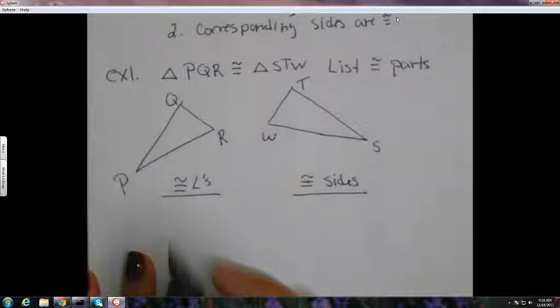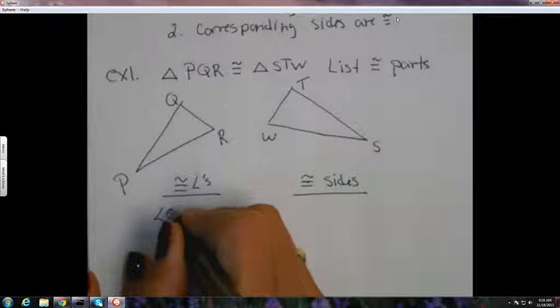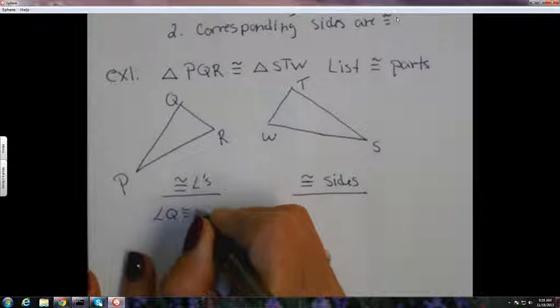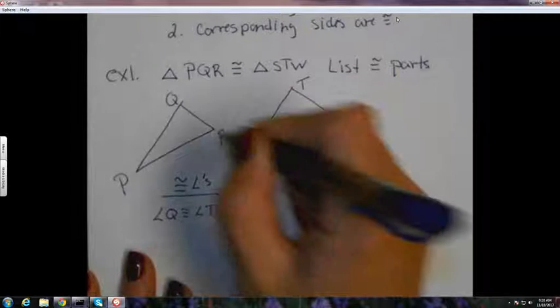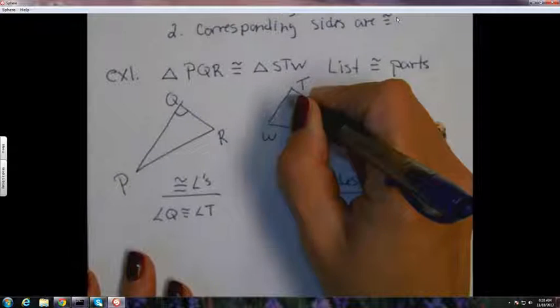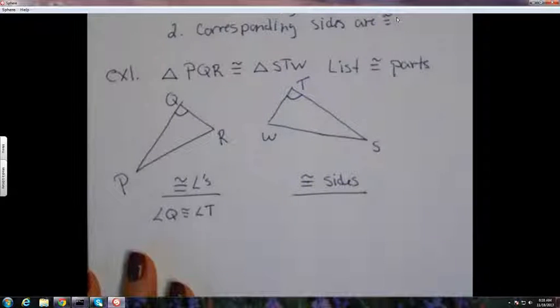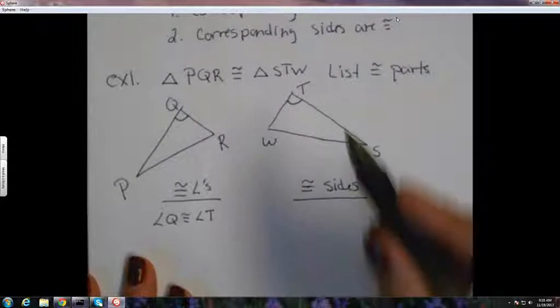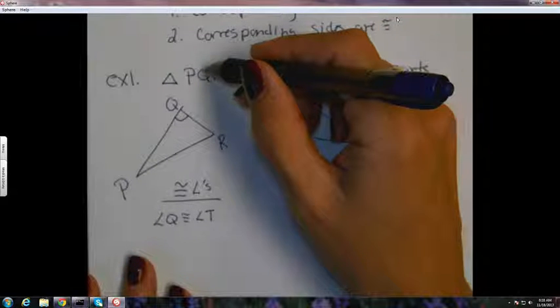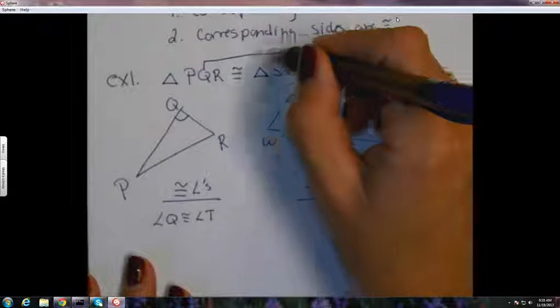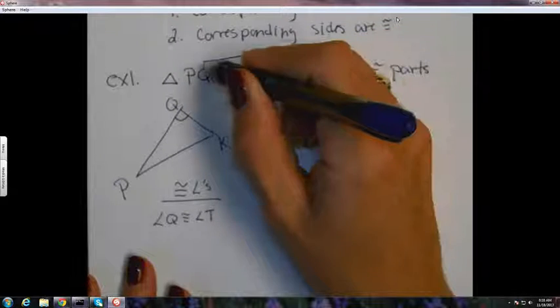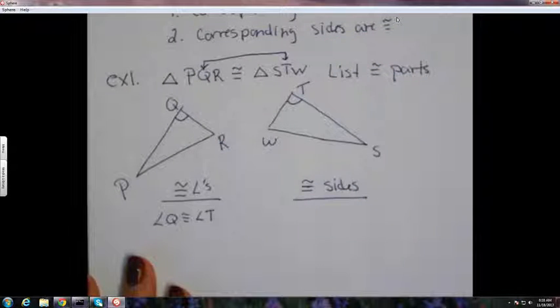Q and T. Angle Q is congruent to angle T. It is a Monday. So I can put little arc marks there. And I know she's right, because if I look back at the names, take a look. Q is in the second spot of this triangle. T is in the second spot of this triangle. Those have to match. That correspondence has to be there when we write it out.